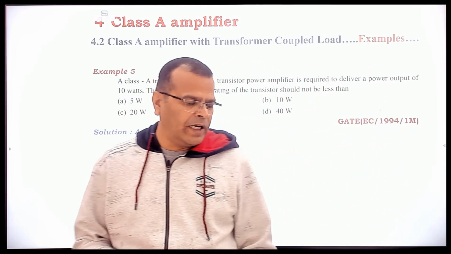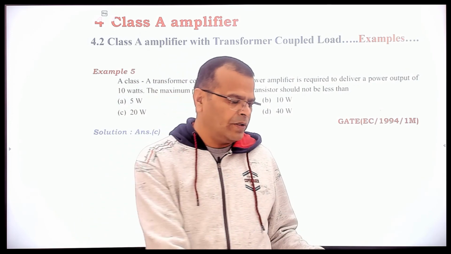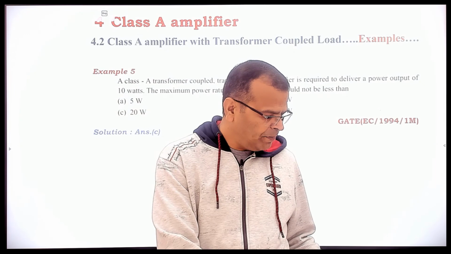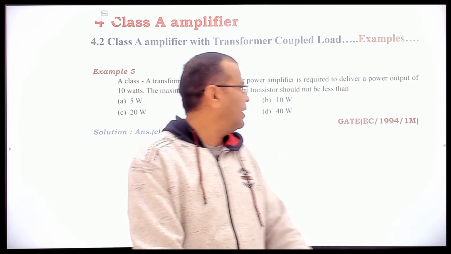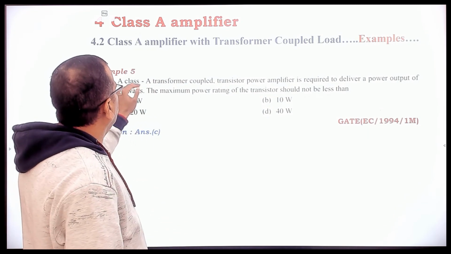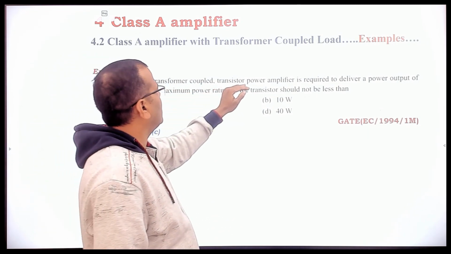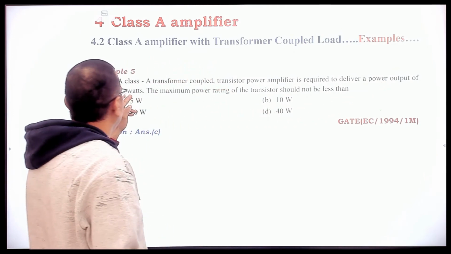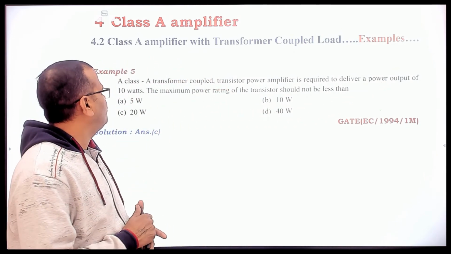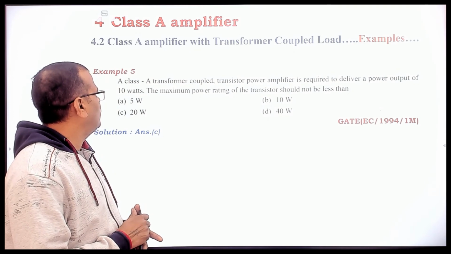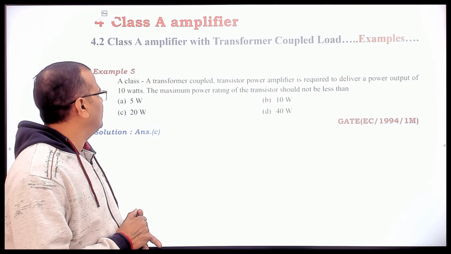Now we will see the examples based on the transformer coupling. There is a simple question here. The question is, a class A transformer coupled transistor power amplifier is required to deliver a power output of 10 watts. So the output power to be delivered is 10 watt.